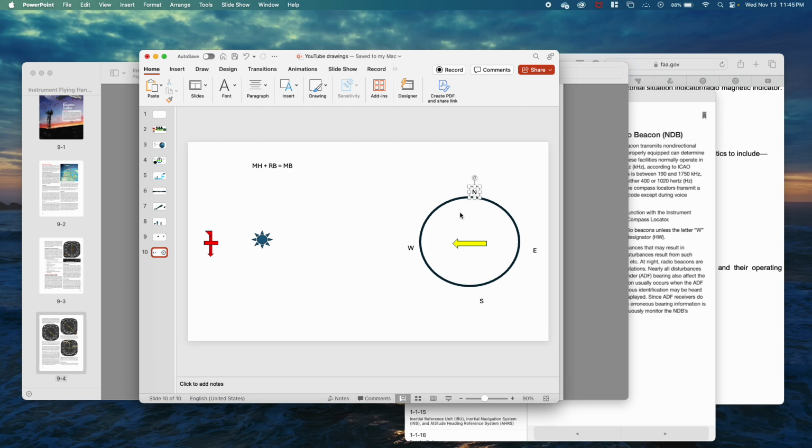It's like a little heading indicator, you just got to spin the card to indicate your magnetic heading on top. So we're going to rotate this so 180 is on top. The arrow doesn't move, but it will tell you the magnetic bearing to the station. So it says fly east, you'll get to the station.